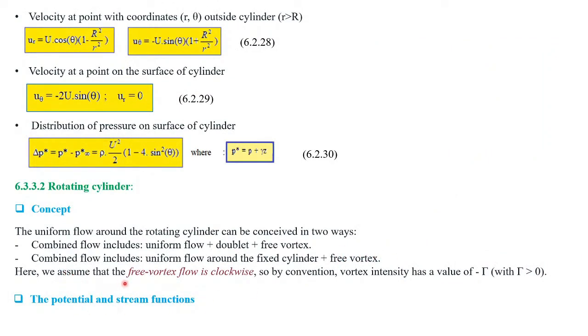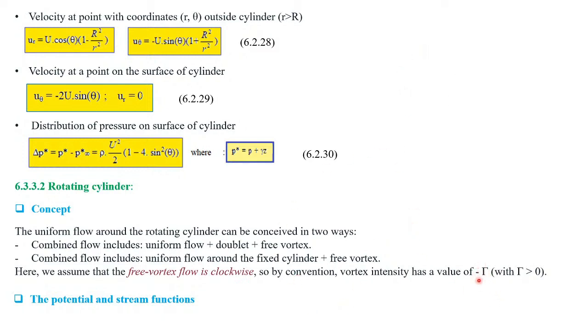Here we assume that the free vortex flow is clockwise. That means the free vortex direction is clockwise. And if clockwise, by the convention, vortex intensity has a value of minus gamma, because the positive value is counterclockwise, and this is clockwise.